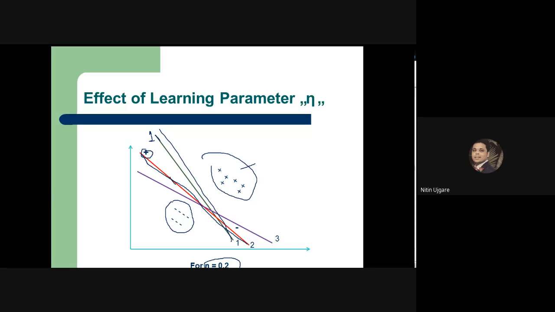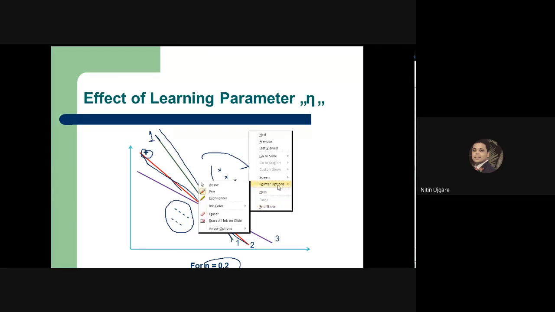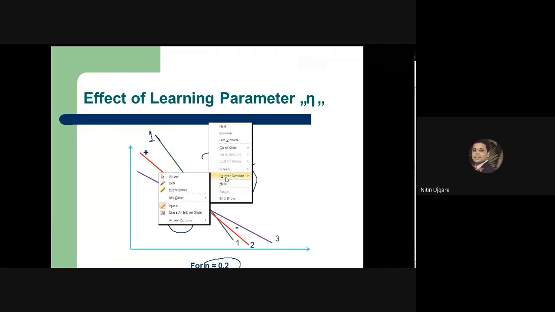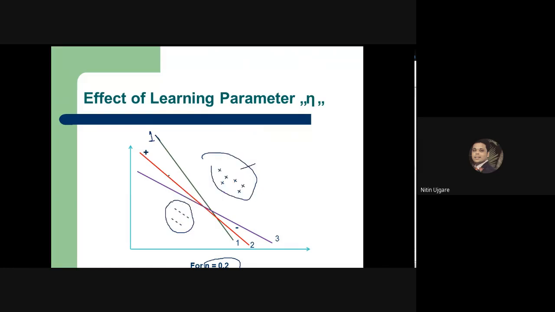Now this red line, again I will go back and take an eraser. Now this red line will correctly classify this positive instance to the positive class. But if I introduce a new negative instance at this point, then this decision boundary will misclassify this instance to the positive class.